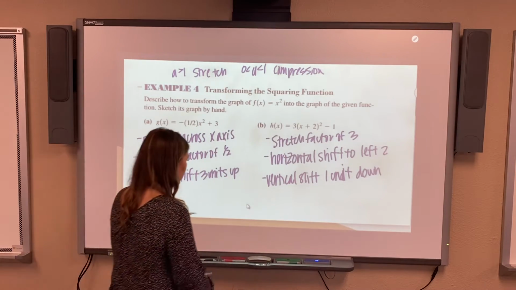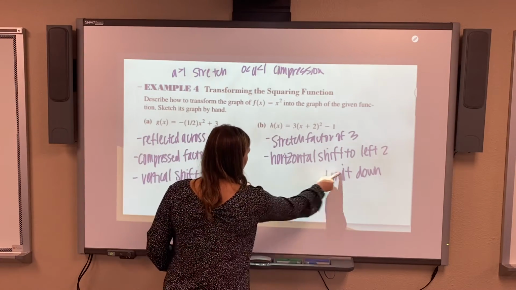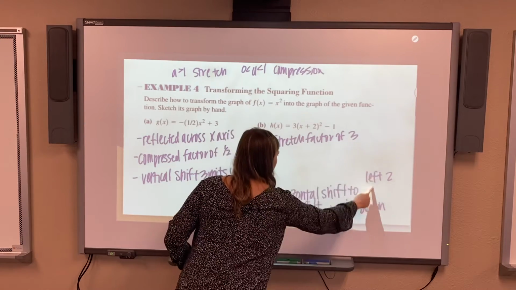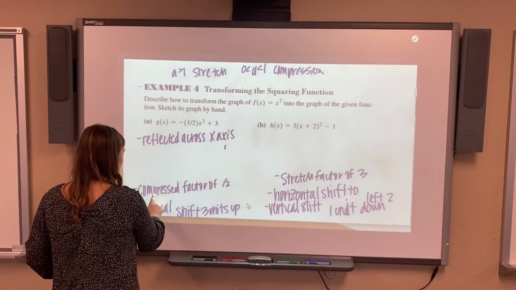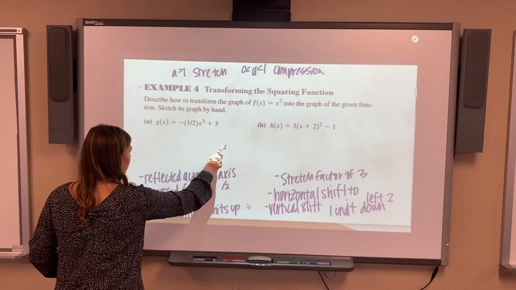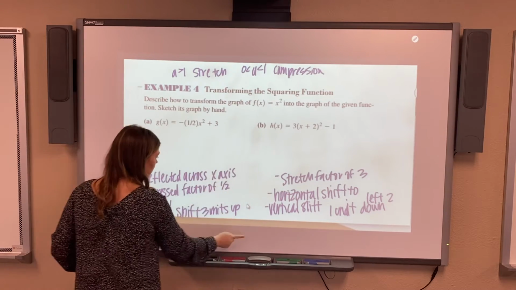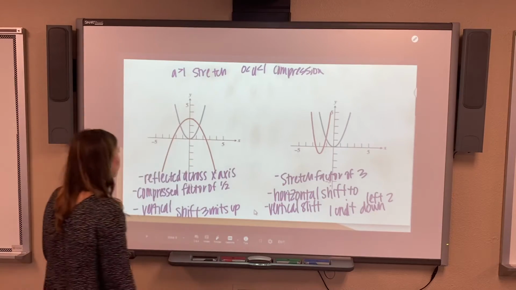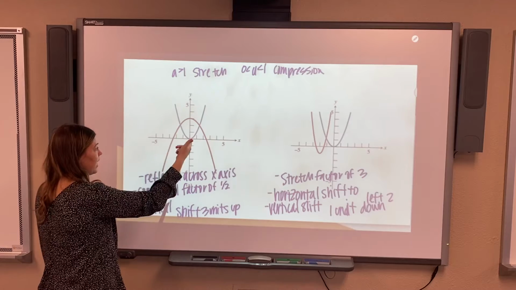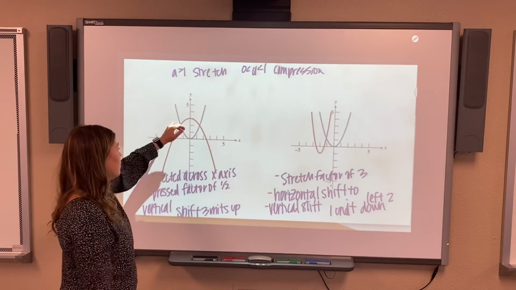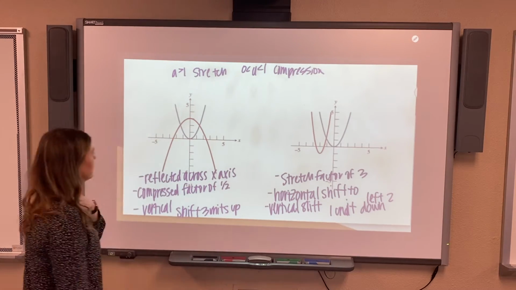Okay, so I have all of these written down. The next slide actually graphed these, and if you want to check them in decimals, that's fine. If our blue is our original and the red is the transformation, so blue is y equals x squared, or f of x equals x squared.